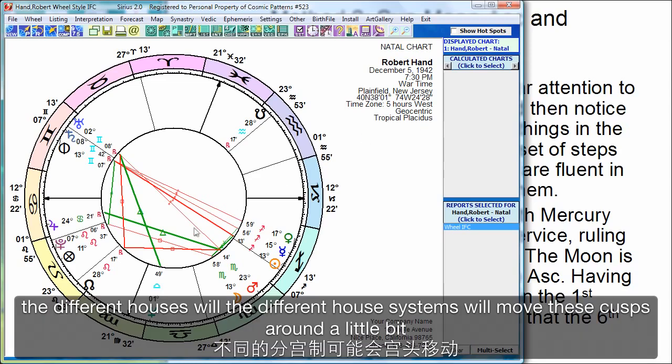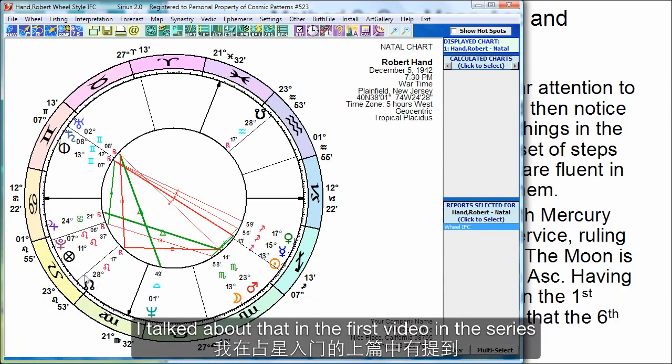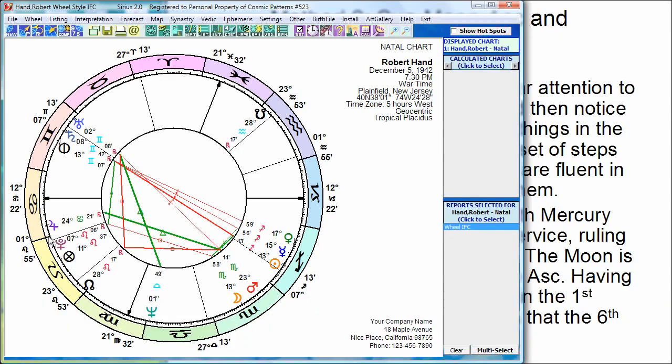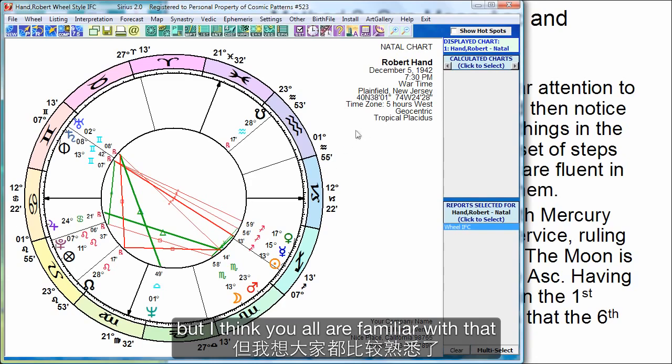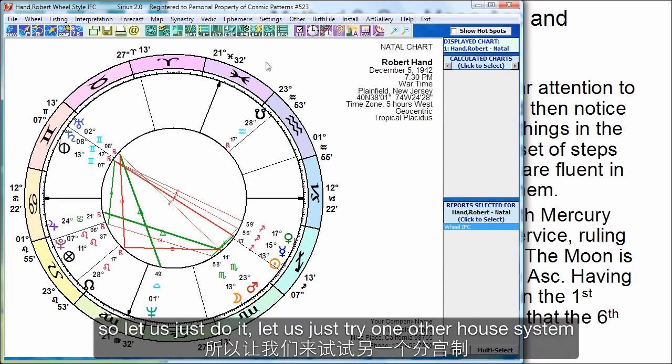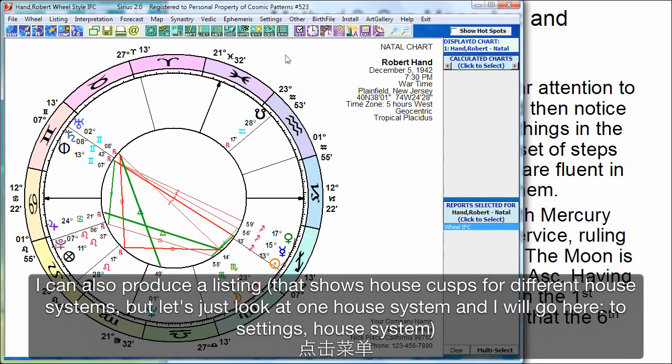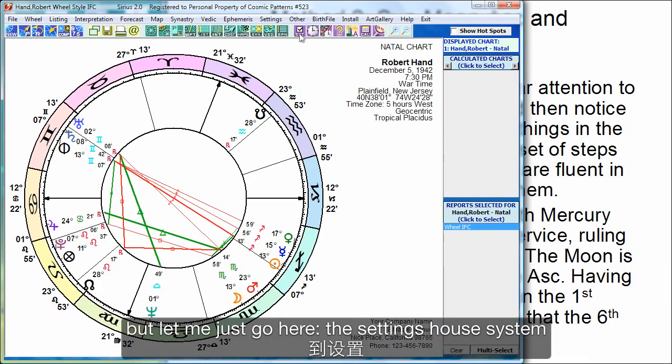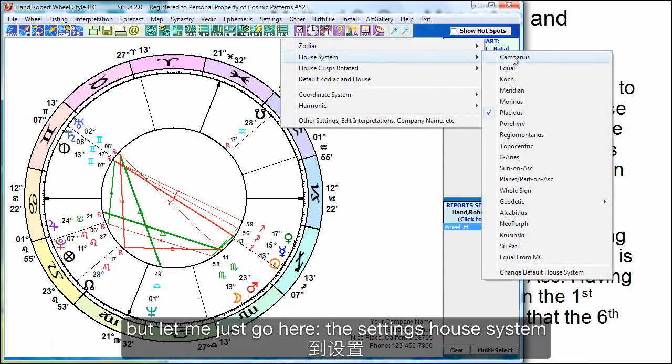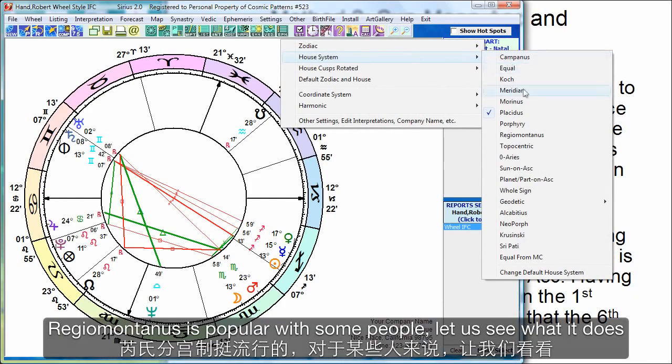The different house systems will move these cusps around a little bit. I talk about that in the first video in this series, but I think you all are familiar with that. Let's just try one other. I can also produce a listing, but let me just go here to settings, house system. Regiomontanus is popular with some people.